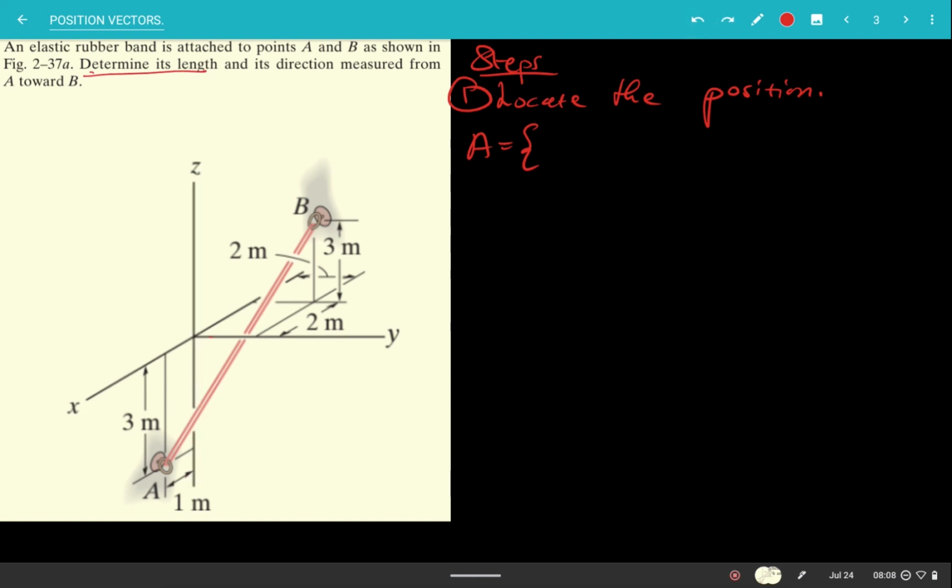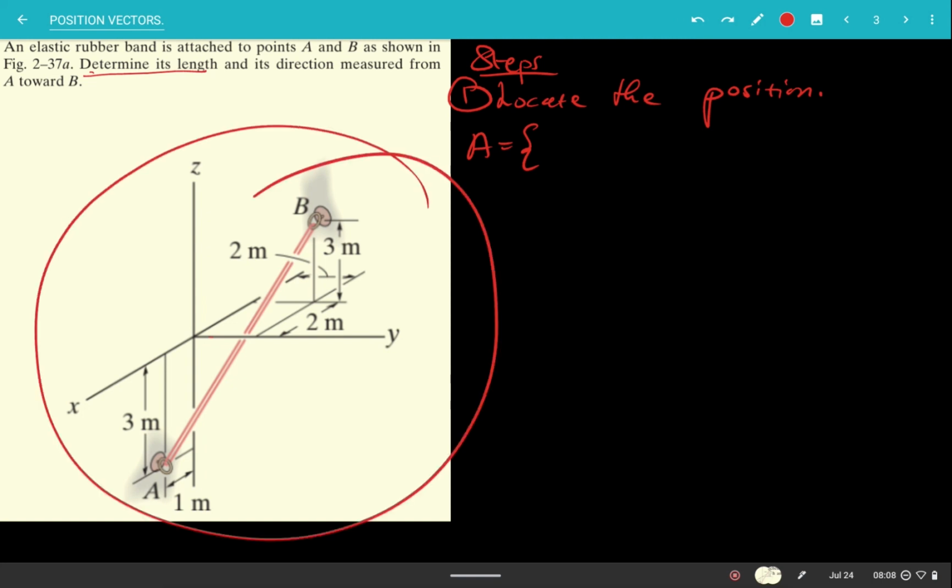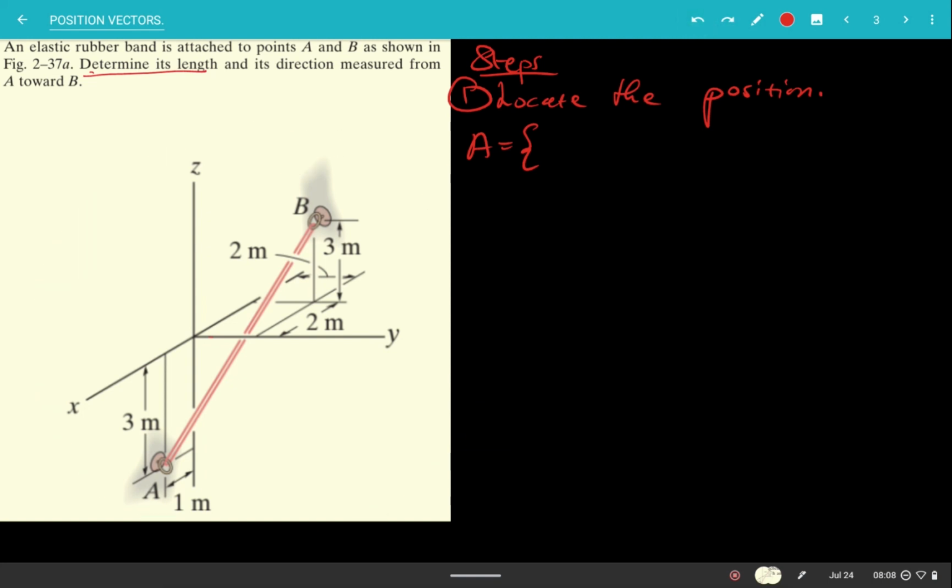So be mindful of this. When it comes to the axes, please make sure you pick the points correctly. Know the position of that particular point, whether it's in the negative zone of the axis or the positive zone of the axis. Now if you look at point A, we've been given these distances. We have the 3 and the 1 meter there.